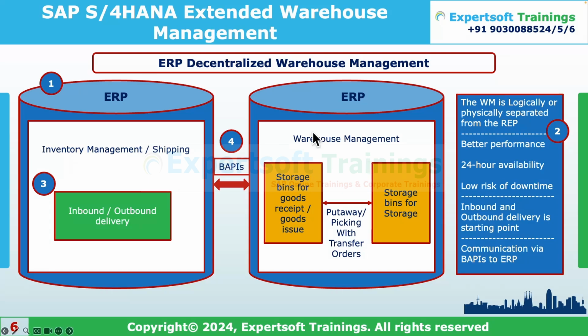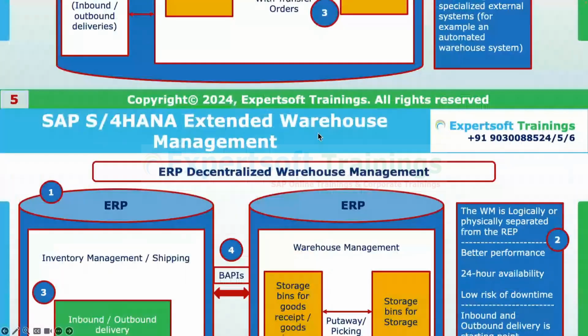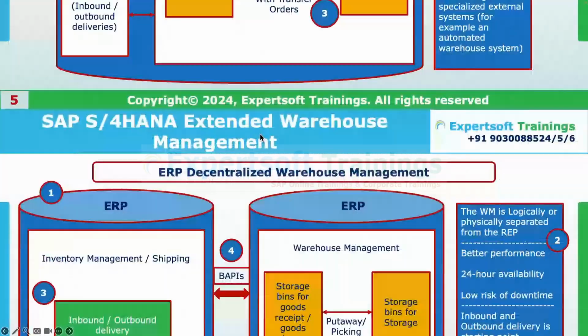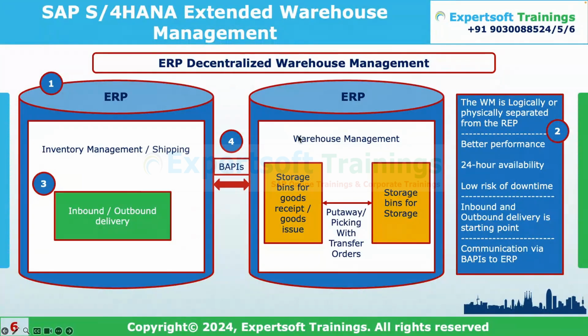Previously your WM module was in the same box, the same server or the same client, but here you have moved the SAP WM module into a different client or different server or different box, whatever you want to say. It is separated from your mainframe ERP and connected with standard BAPI connectors.